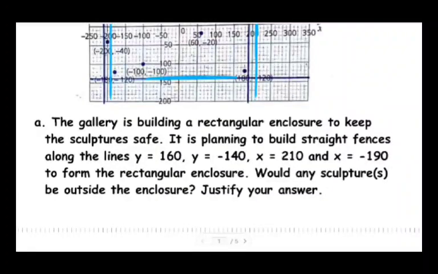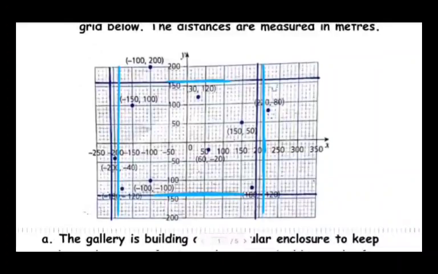To form the rectangular enclosure, would any sculpture be outside the enclosure? Justify your answer. So if that is the enclosure, I have 1 point over here which is outside. My 1 point which is 220 by 80 is out.